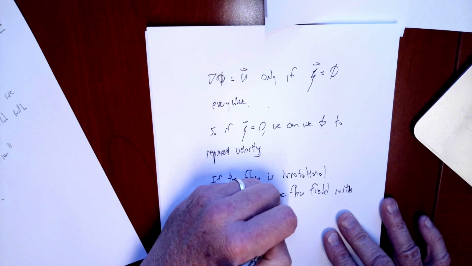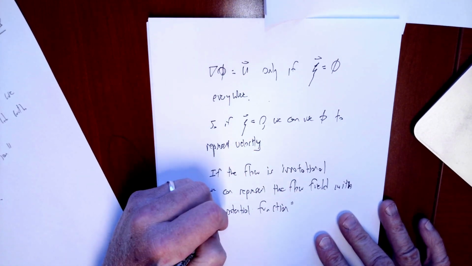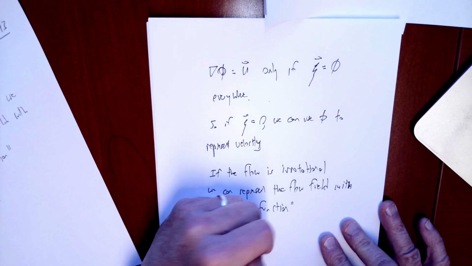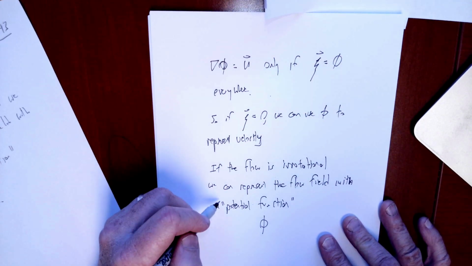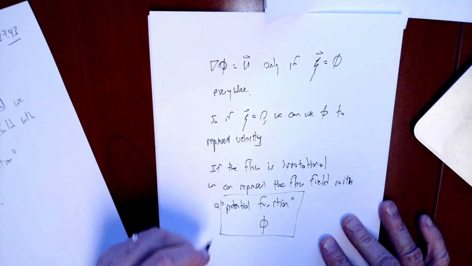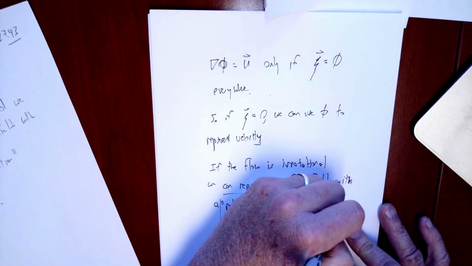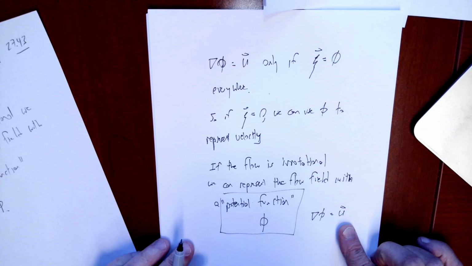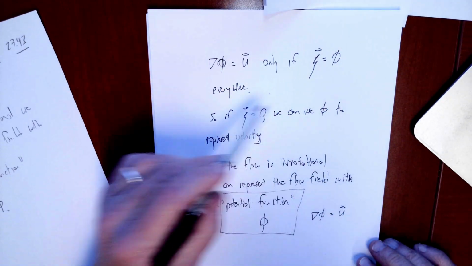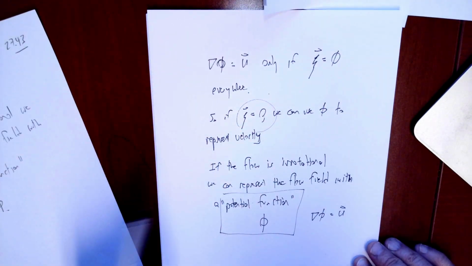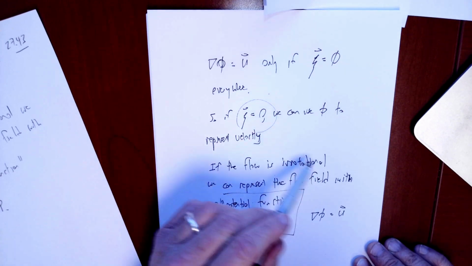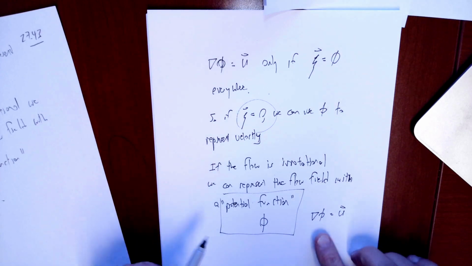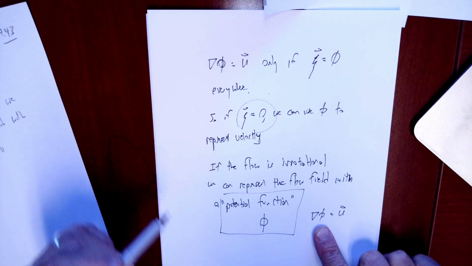So that's what this phi thing is called. That's a key word, potential function, and almost always it's represented as phi. So this is your potential function phi, and what the potential function means is that when you take the gradient of phi, you get the velocity. But you can only do that mathematically if there is zero vorticity. So if there's zero vorticity, the flow is irrotational, and then we can explore the flow using this potential function as a mathematical tool.